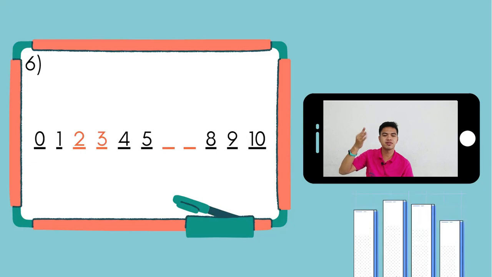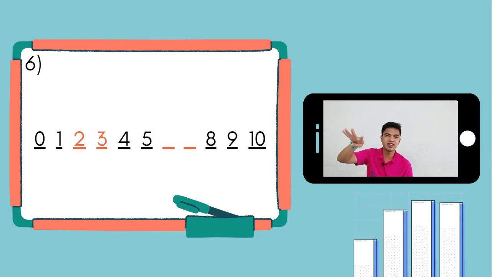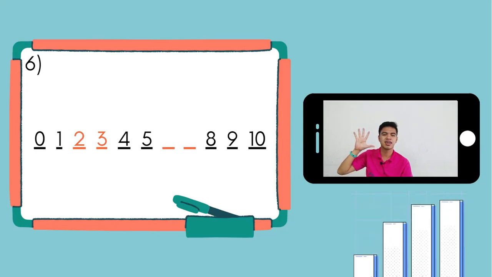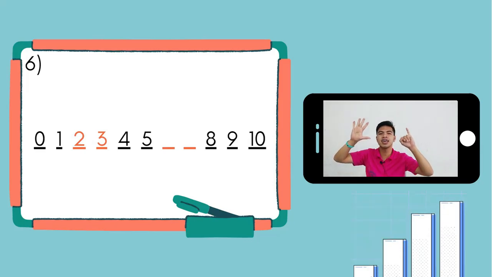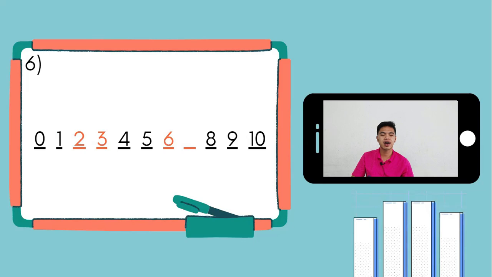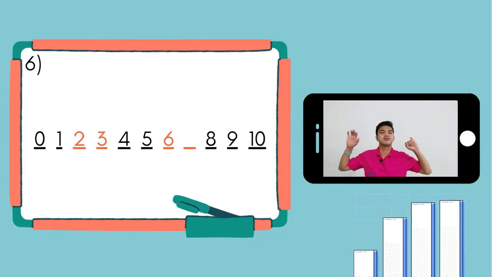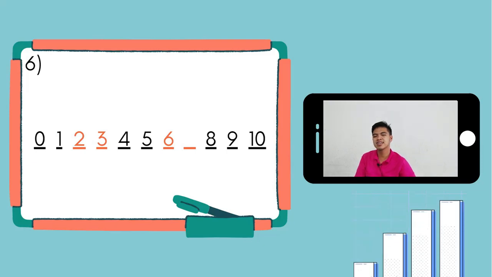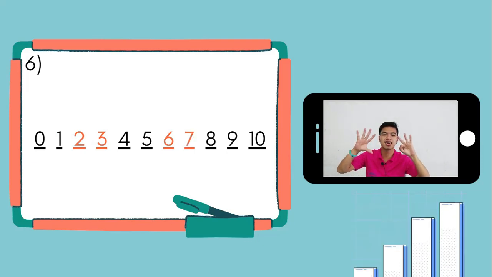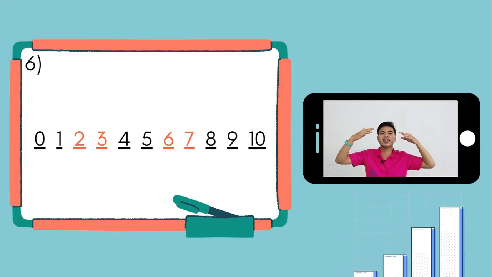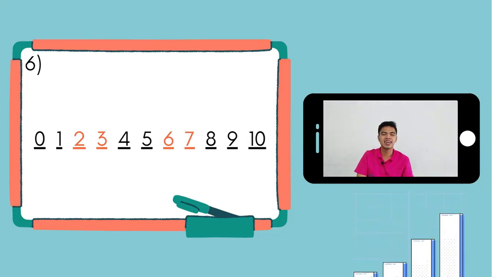So we're going to write 3, and then 4, and then 5, and then what? Very good. It will be 6. So let's write 6, and then what is next to 6? It will be 7. And then 8, and then 9, and then 10. Okay. So that is the answer for number 6.